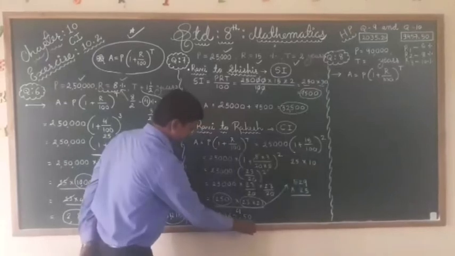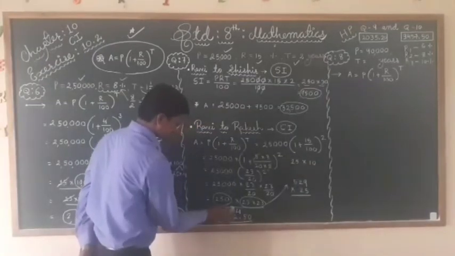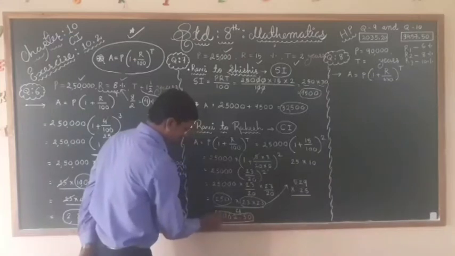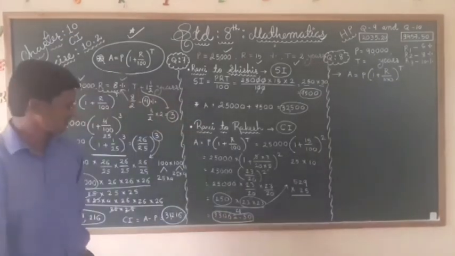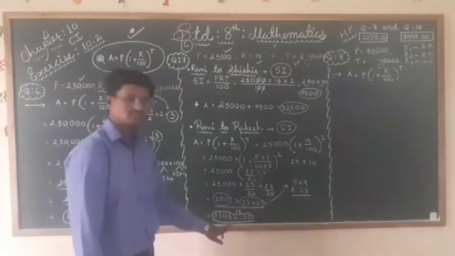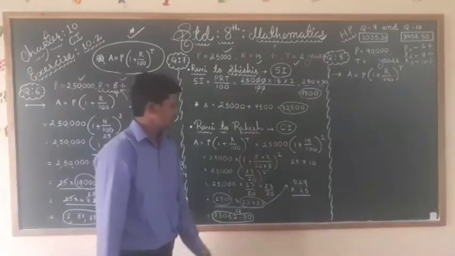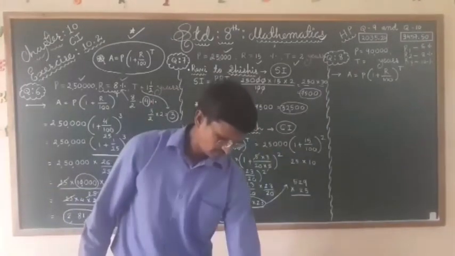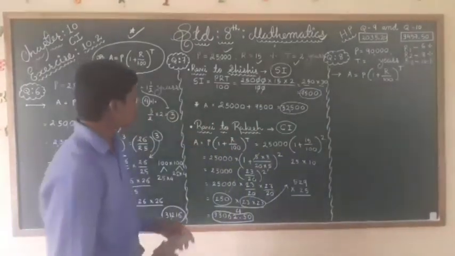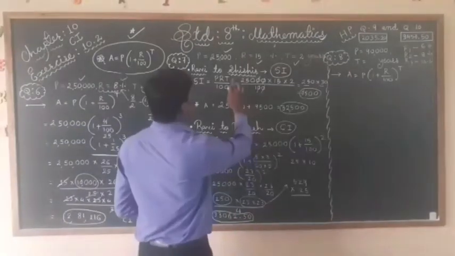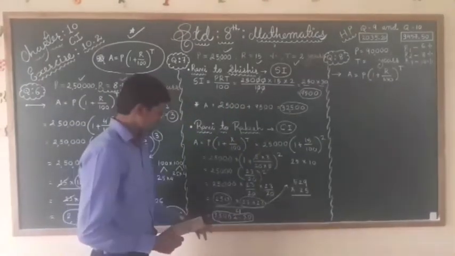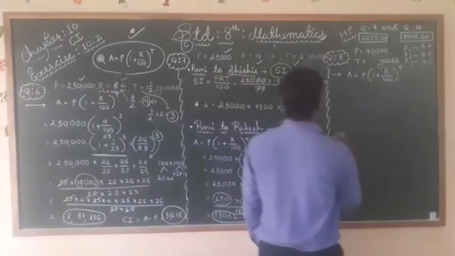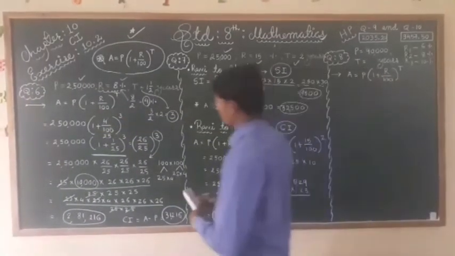So you will get this answer: 33,062.50 rupees. Now what we have to do? We have to get the total transaction from simple interest to compound interest. So here the total transaction, the transaction he will do, I am doing here.